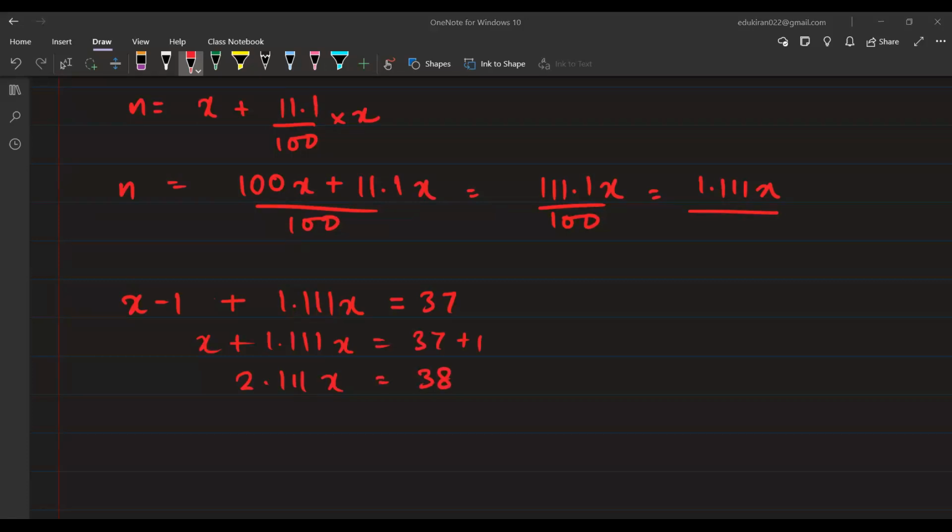Okay. Now, what will be the answer? Now, please remember, x will be equal to 38 divided by 2.111. Correct? Yes, sir. Can I write that it will be approximately equal to 17? Now, why am I writing 17 and not 16 point something?